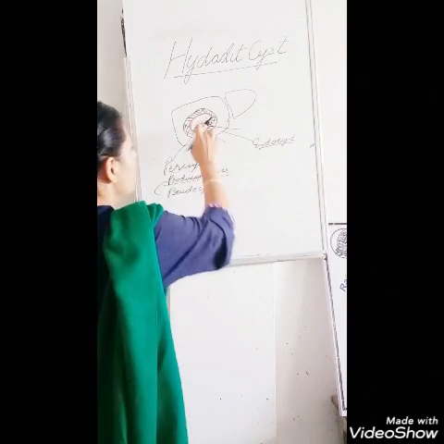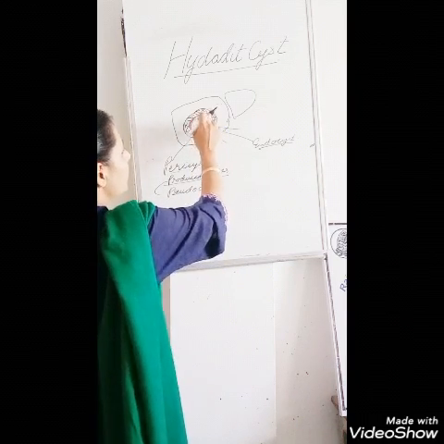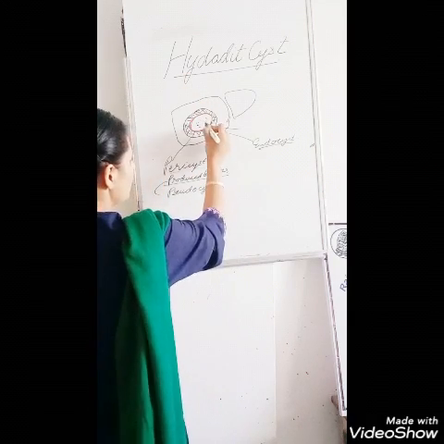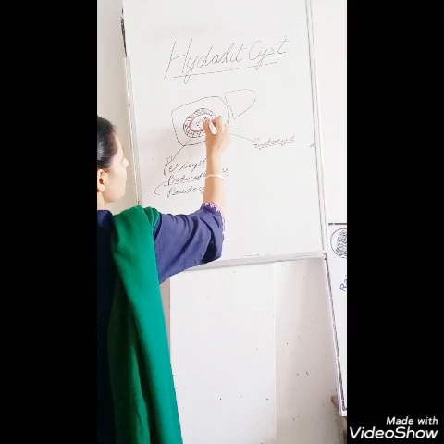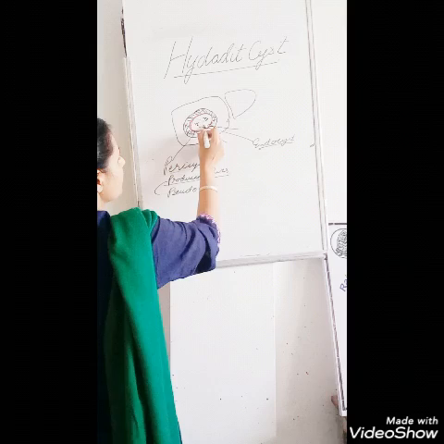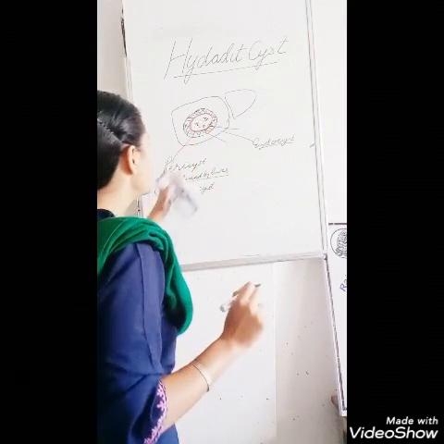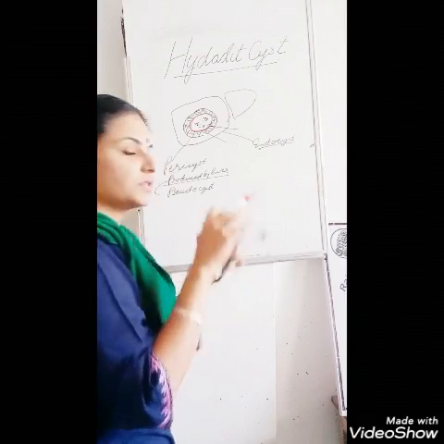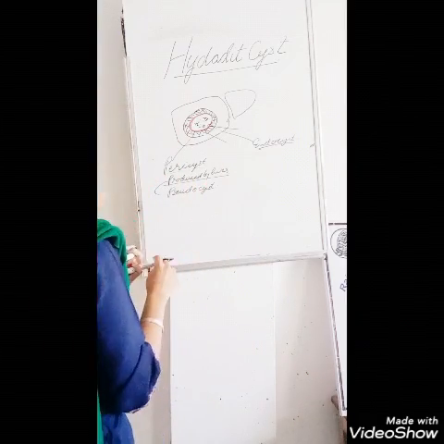So now the cells will keep continuing growing inside this area only. When these cells keep growing, they will form clusters. After that, it will form further the cyst wall outside.